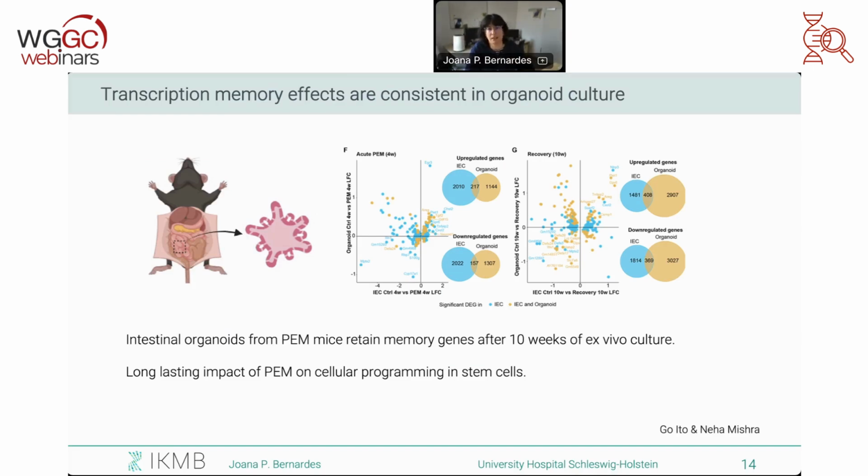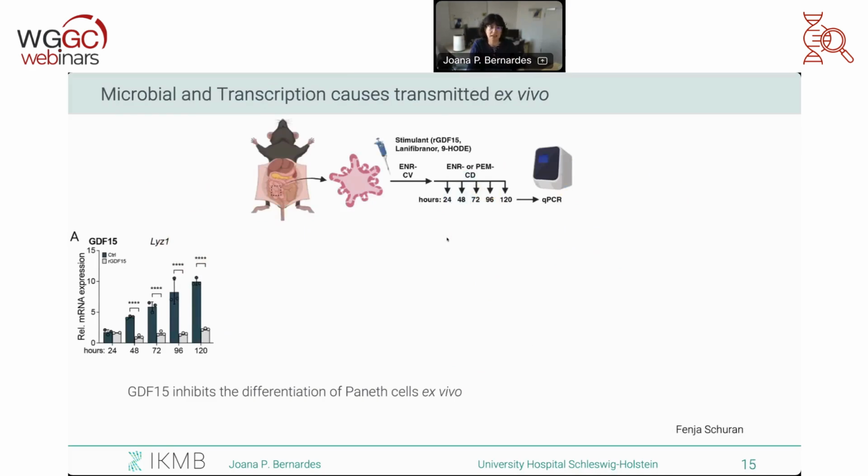And this is exactly what our colleagues did in the lab. We have several different players here. We take control mice and also PEM mice, and we grow organoids. Then we have three different treatments. We have recombinant GDF15, which increases the amount of GDF15.